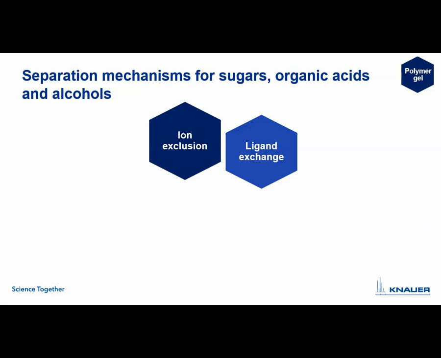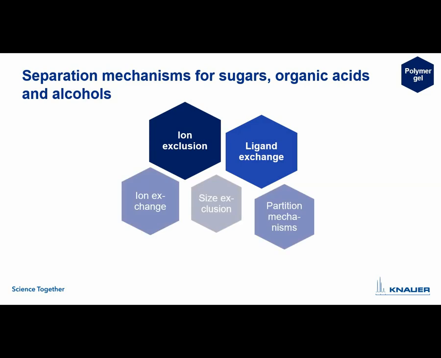So as I told you before, these columns are called ion exclusion columns just to give them a name, but really it's a combination of a lot of separation mechanisms happening in these columns. It's really complex, but to sum it up, you have the main mechanisms, ion exclusion and ligand exchange. But also happening here are always some kind of ion exchange modes. A little bit of size exclusion is always occurring, and there are also different partition mechanisms for every analyte happening in this column.